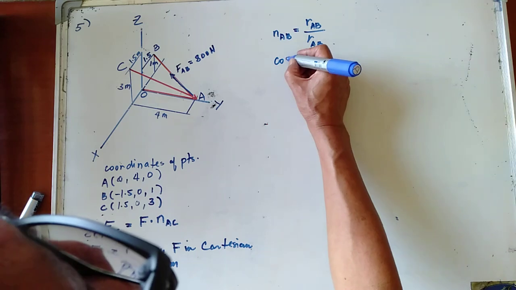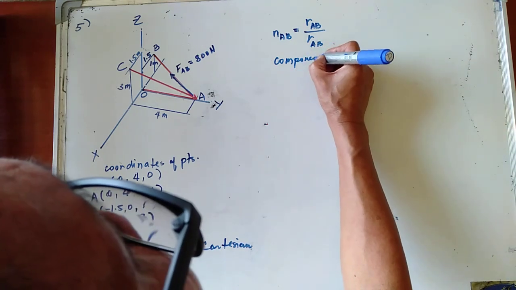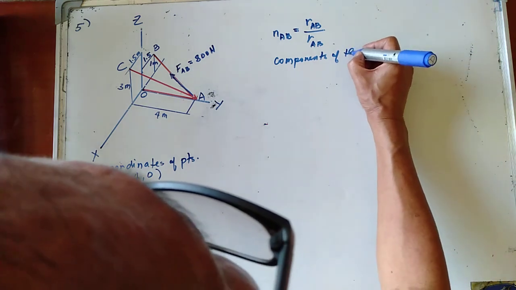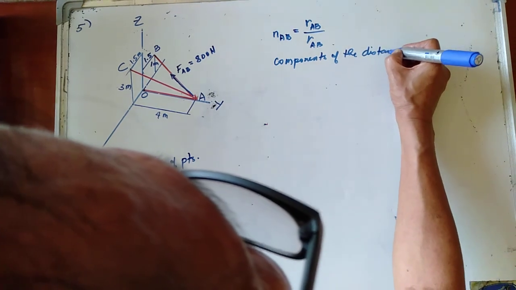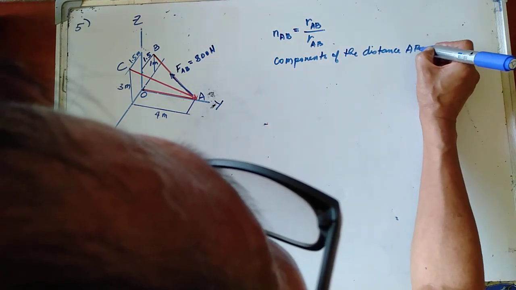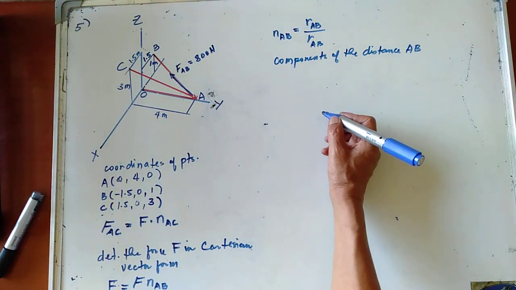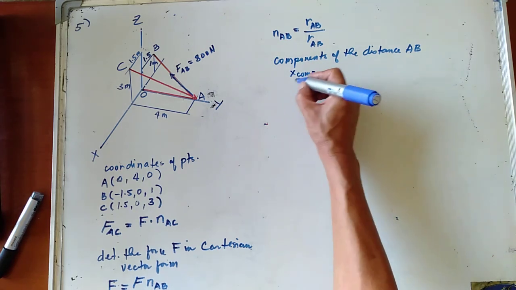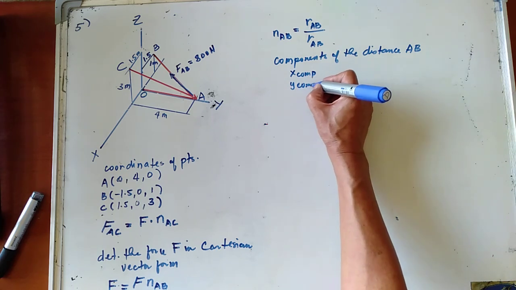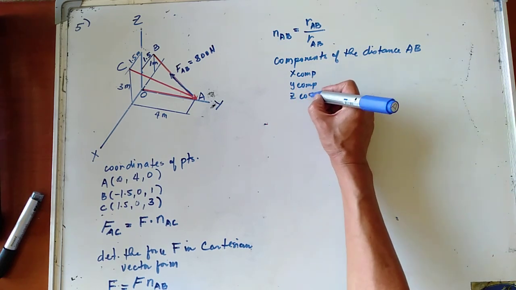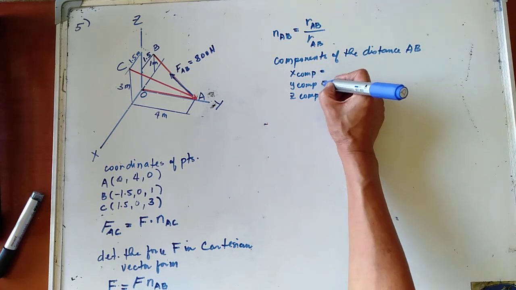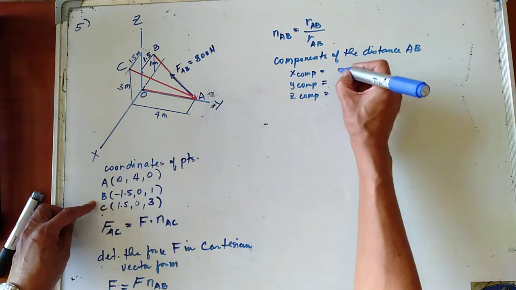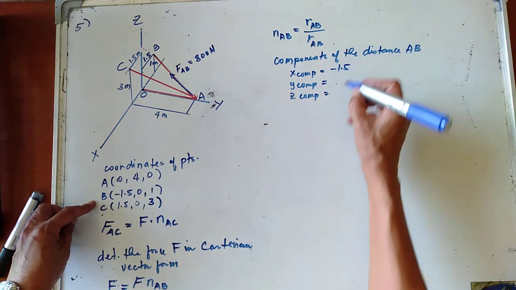So let's try to determine the components of the distance AB: the X component, the Y component, and the Z component. The X from A to B is 1.5 minus 0, so 1.5 in magnitude with a negative sign here, negative 1.5.